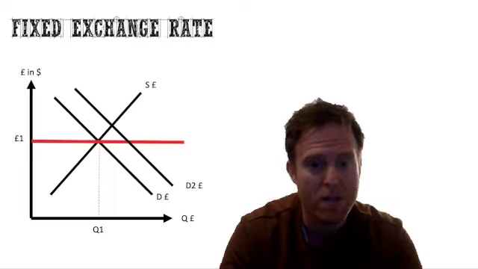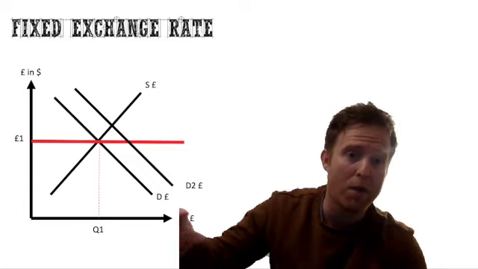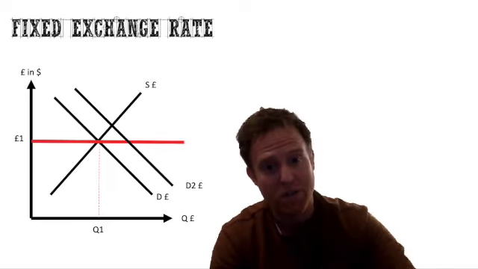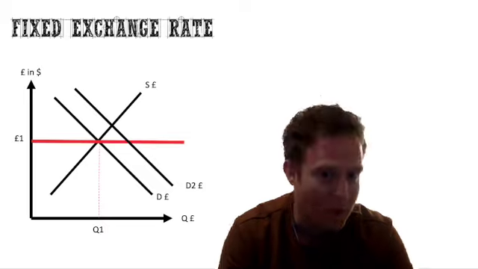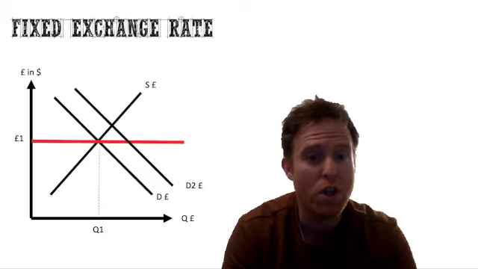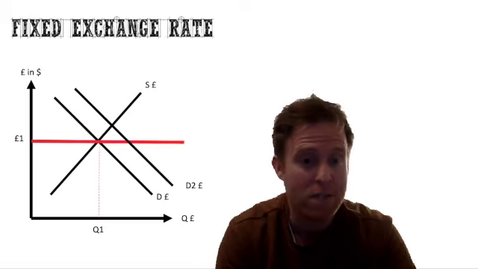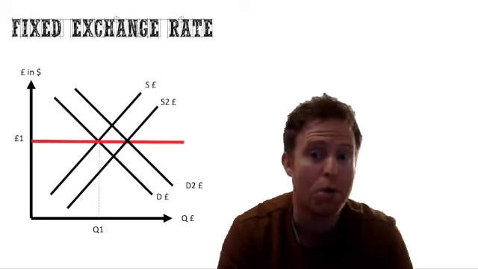They've got reserves of their own pound currency, and reserves of foreign currency as well, and they will continuously use those reserves to get it in line with the fixed rate they've agreed. In this scenario, the pound has appreciated against the dollar, so they'll have to use their own currency reserves, the pounds, and supply them to the forex, and in doing so it'll bring the rate back down.